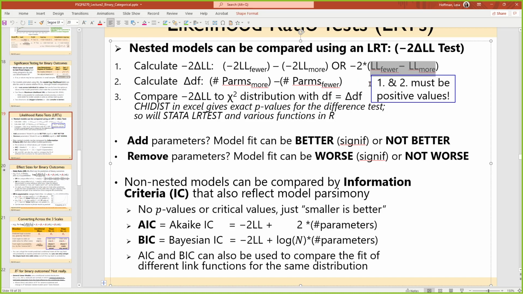Either one gets you to the same place. Because you're eventually going to have to multiply the difference by minus 2, the programs that report it this way are just trying to do you a favor, because then you can take the straight difference and it's easier to eyeball it.